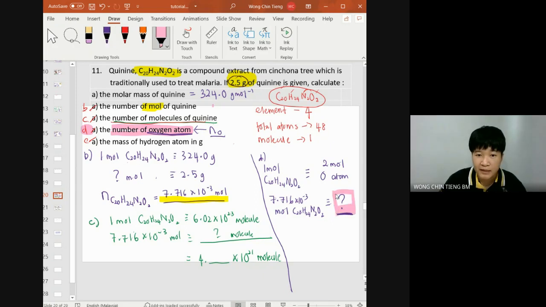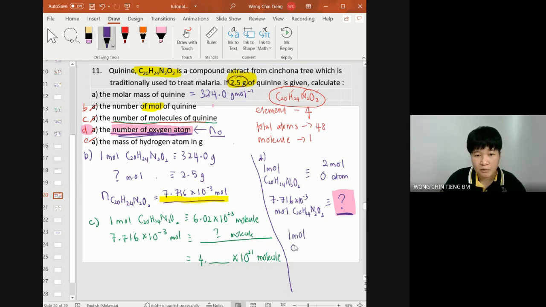Kamu akan compare number of mole ni dengan apa? Kalau saya nak dapat number of oxygen atom, kita compare dengan apa? Long? Avogadro constant.